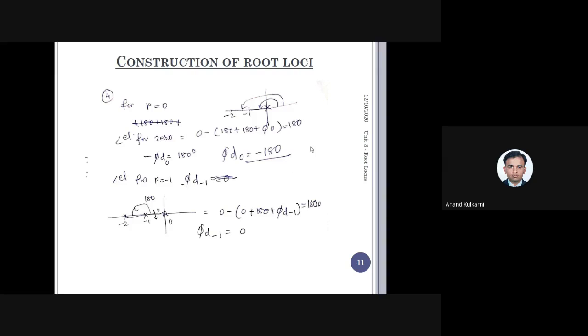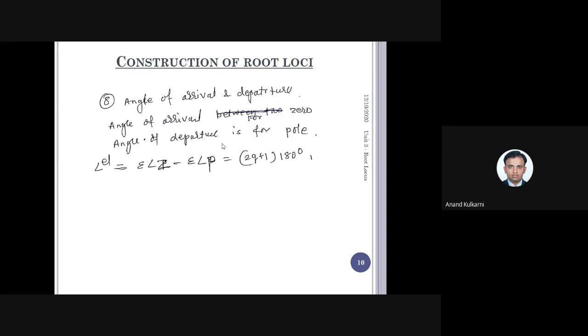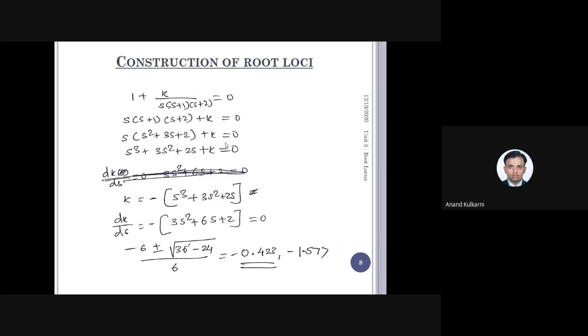We have already calculated two breakaway points. One is minus 0.43. Which one is feasible now? Tell me. Which one is feasible now? Minus 0.43 or minus 1.577. You have to search for a point which is lying between minus 1 and 0. So only possibility is minus 0.423. So minus 0.423 is only possible.